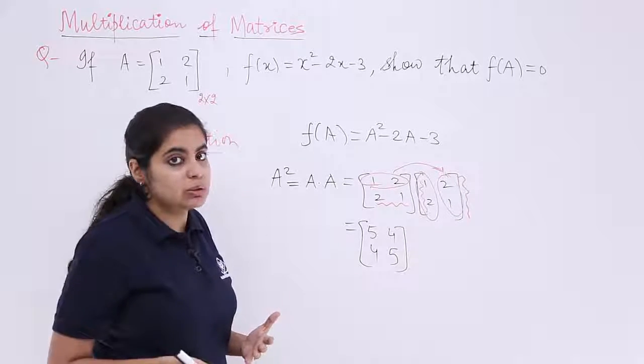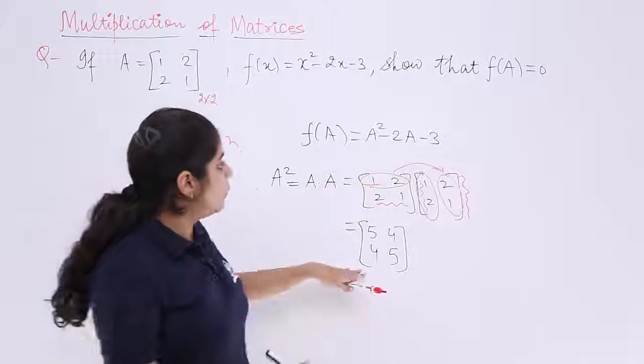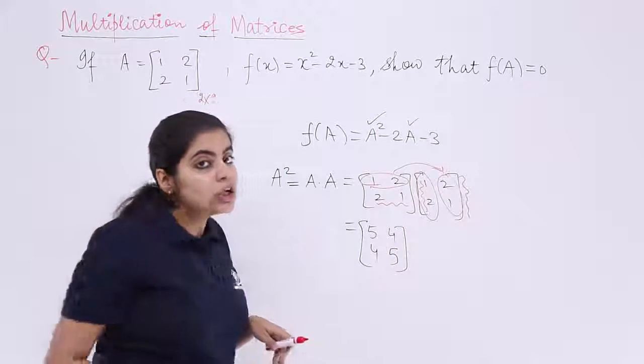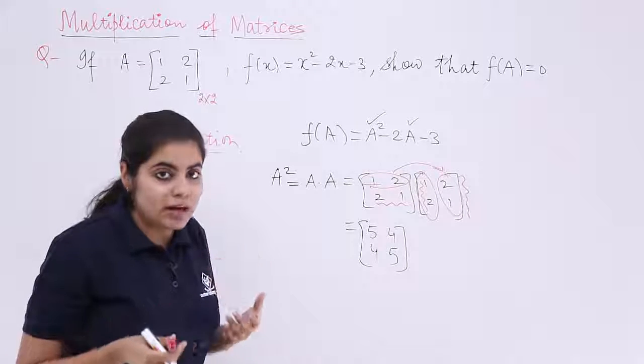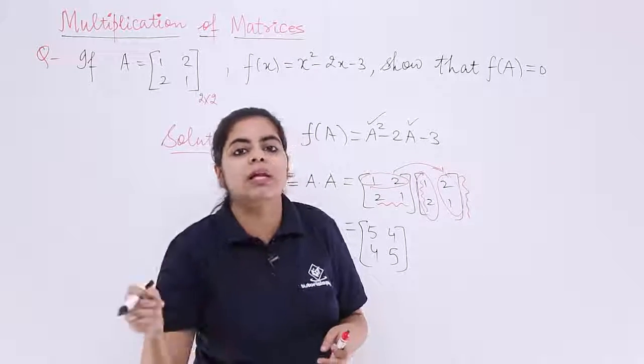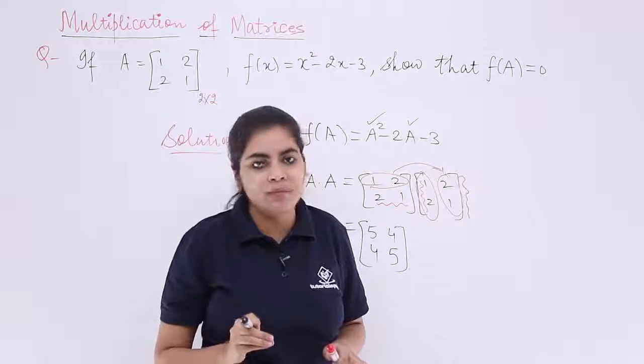When I have A square, what to do now? Just substitute the value. What about 2A? If you have a matrix A, you just need to do 2 multiplied by that matrix. That is known as scalar multiplication. We did it earlier, right?